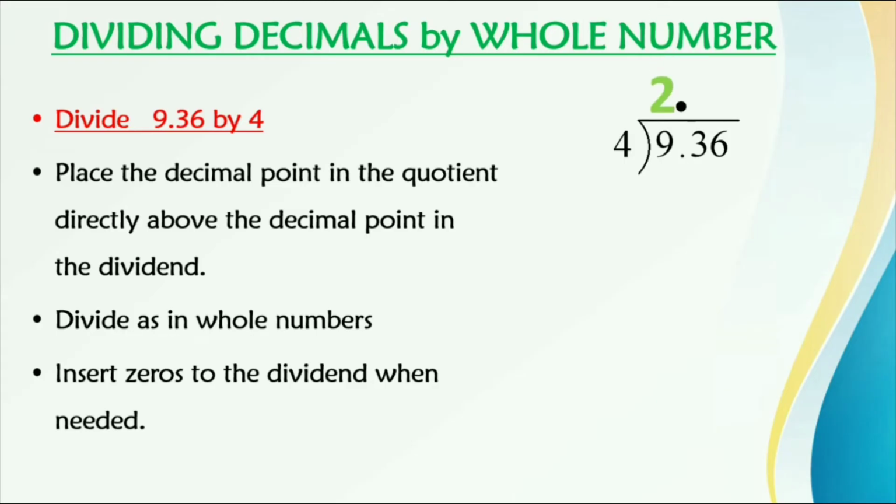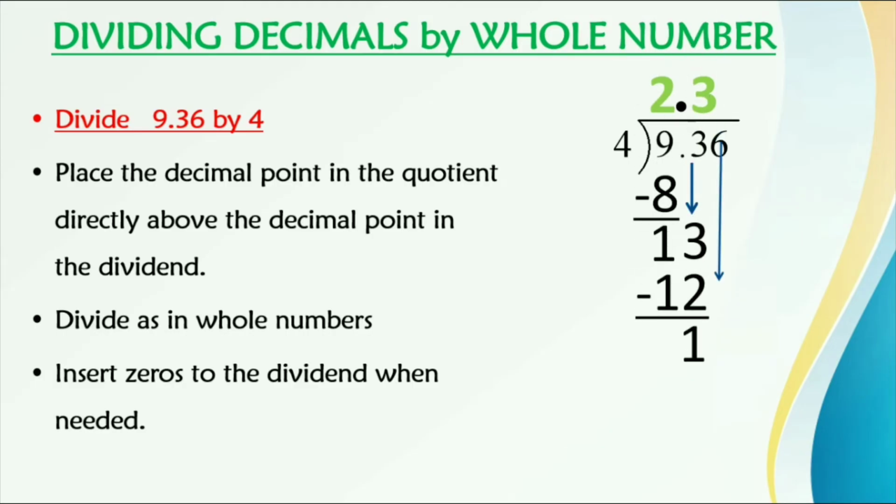Okay? So let's divide. So 9 divided by 4, or ilang 4 meron sa 9? We have 2. And then, i-apply natin DMSBR natin. Then multiply. 2 times 4 is equal to 8. Then subtract. 9 minus 8 is equal to 1. And then bring down 3. Okay, so 13 divided by 4, we have here 3, and then 3 times 4 is equal to 12. 13 minus 12 is 1, and then bring down again hanggang sa maubos yung ating dividend.